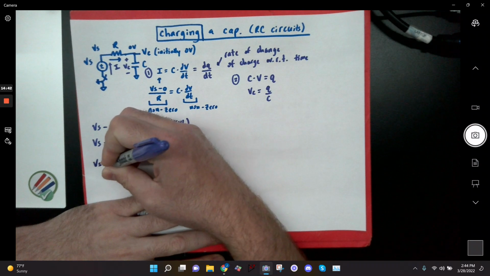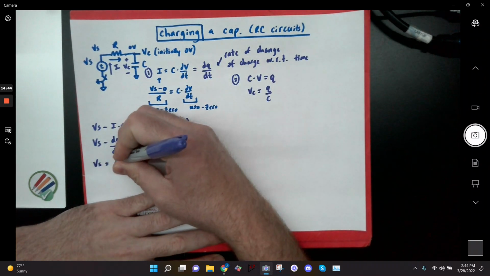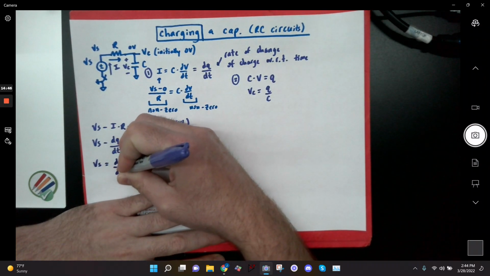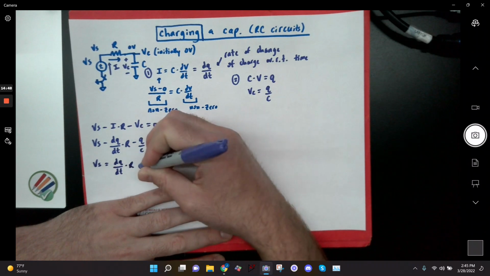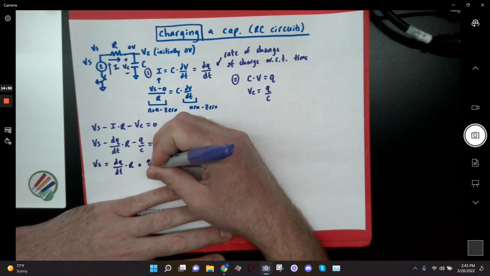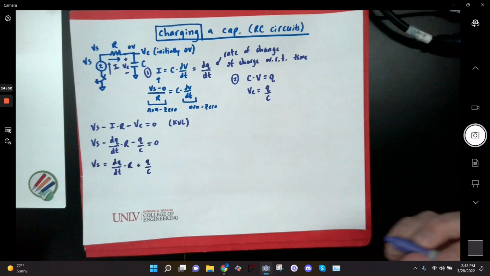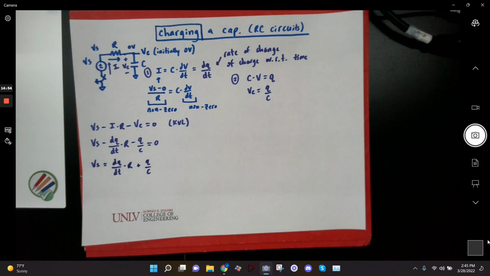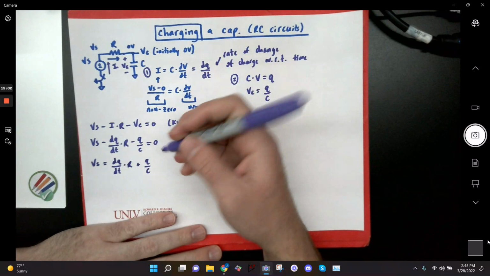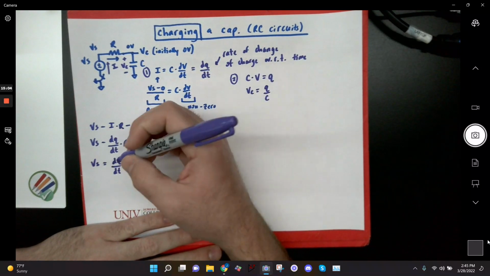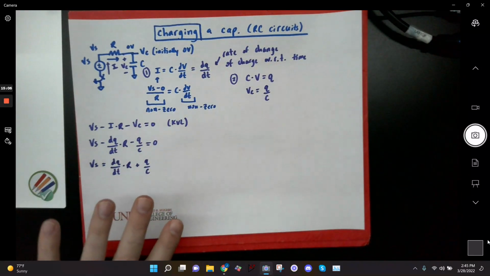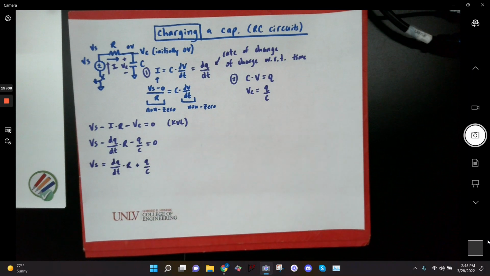So I can say Vs is equal to dq dt times R plus Q over C. And now what I want to do is get dq dt by itself. Well, if I wanted to get dq dt by itself, I guess I could have just not subtracted the other term over.